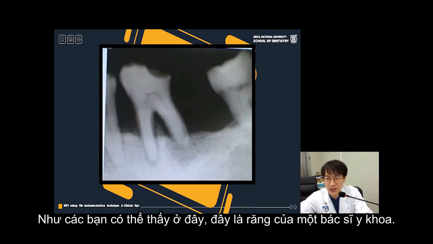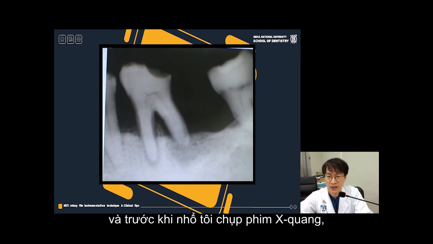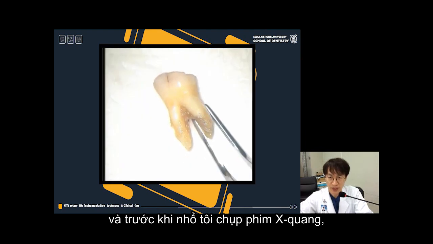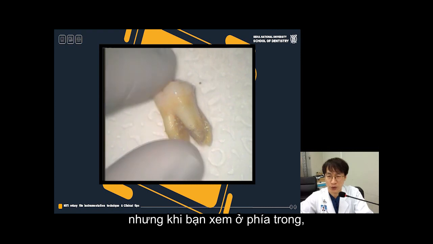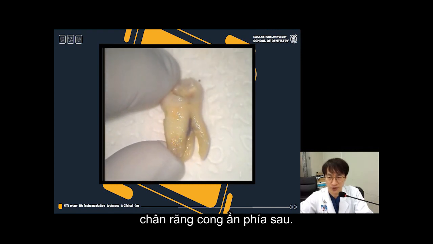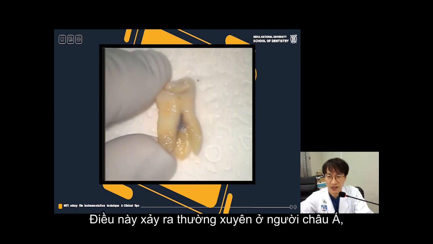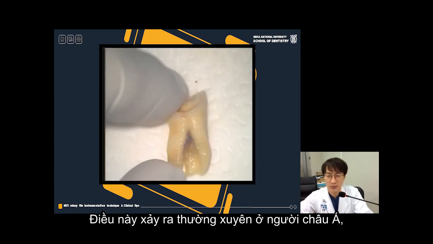So as you can see here, this is the tooth of the medical doctor. He has to extract this tooth, and then before the extraction, I took an X-ray, like a straight root. But once you take a look at the lingual side, it has curvature hidden behind. So it happens frequently in Asian people.